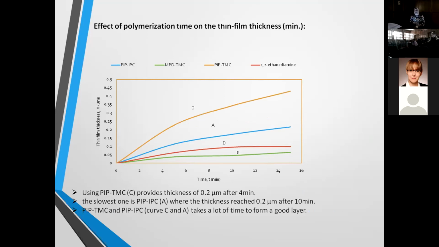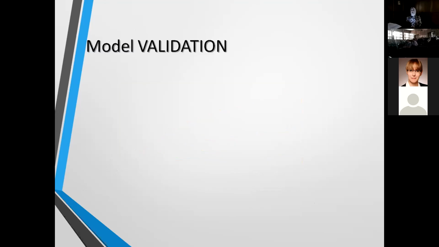Curve C will reach a thickness of 0.2 micrometer after 4 minutes, while piperazine with isophthaloyl chloride, curve A, will reach 0.2 after 10 minutes. So piperazine with trimesoyl chloride and piperazine with isophthaloyl chloride will take a long time to form a good layer.